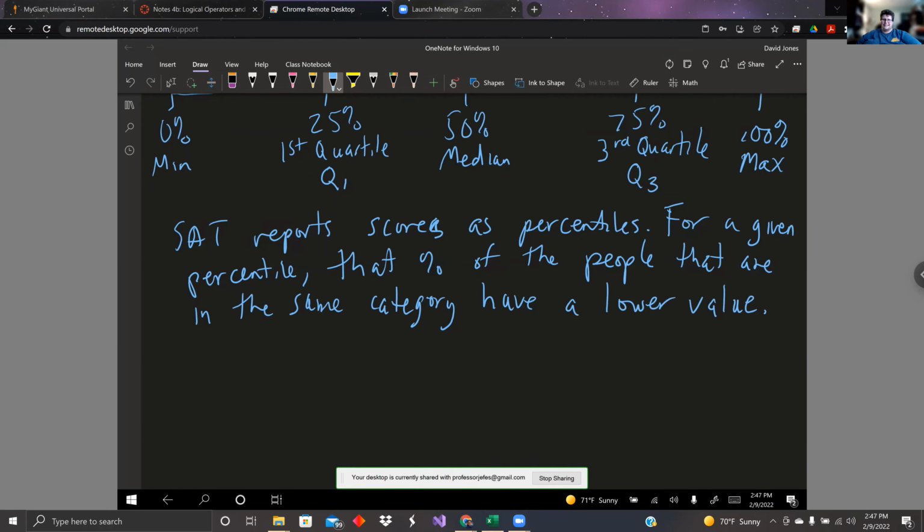In terms of SAT, an example is, let's say you got the 96th percentile. It means 96% scored lower than you on that same test.